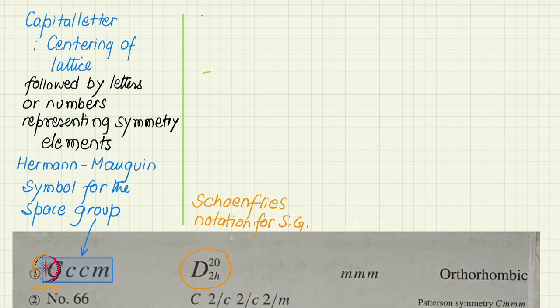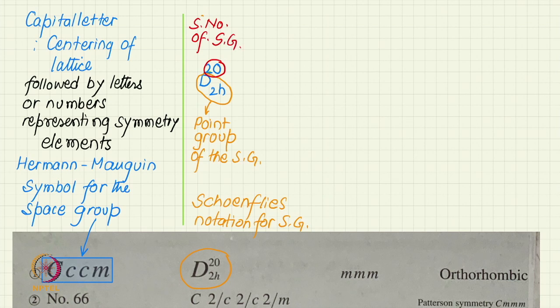In this notation, if you look at this D2H20, the D2H part just gives the point group of the space group, and the 20, the superscript 20, is just the serial number of a space group, which means that this is the 20th space group having the point group D2H.